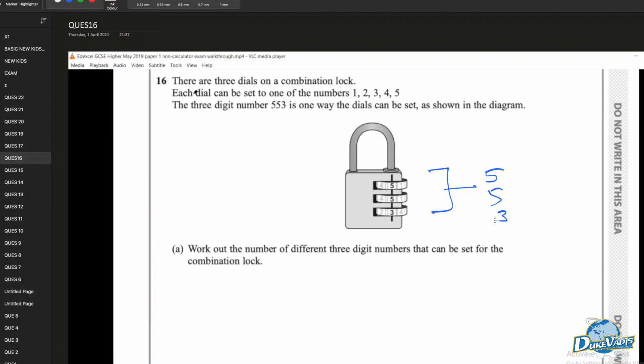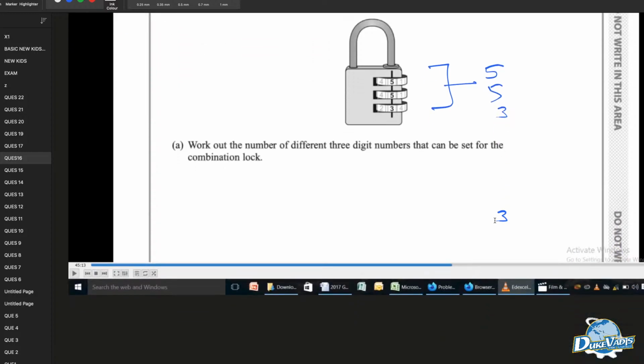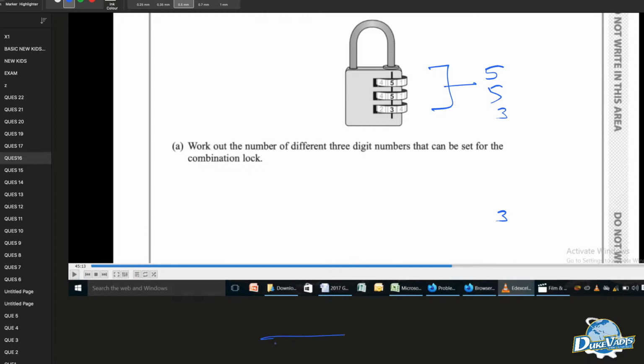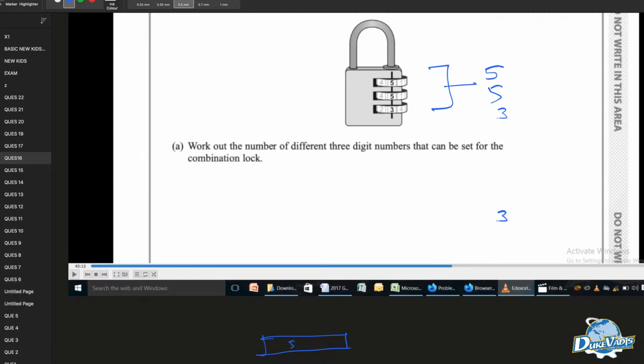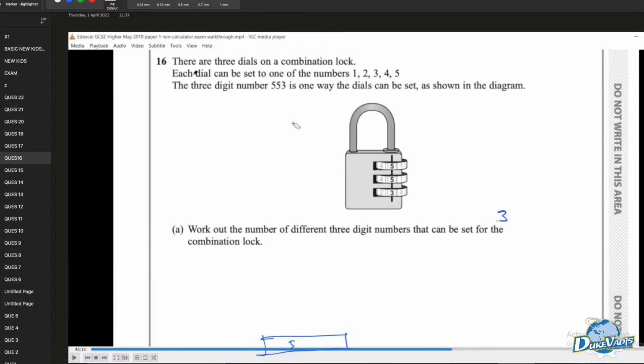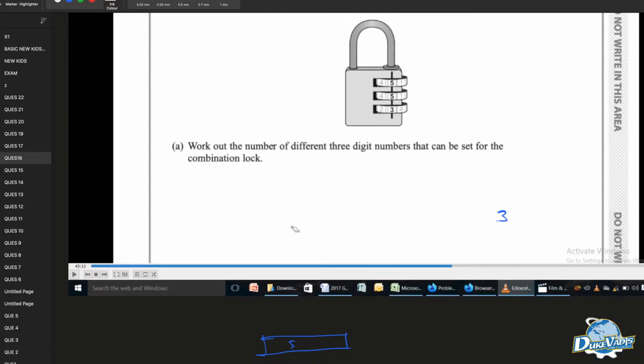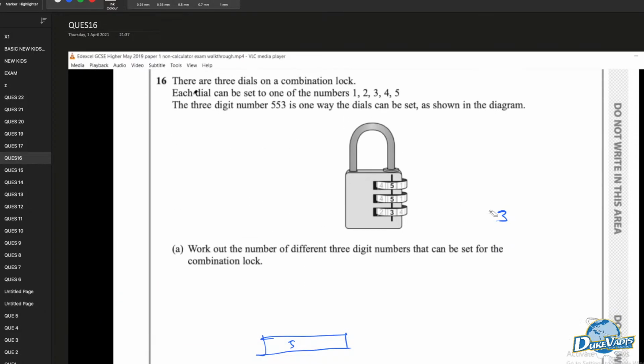You see, so our possibilities. Since we have 5, we have 3 possibilities.